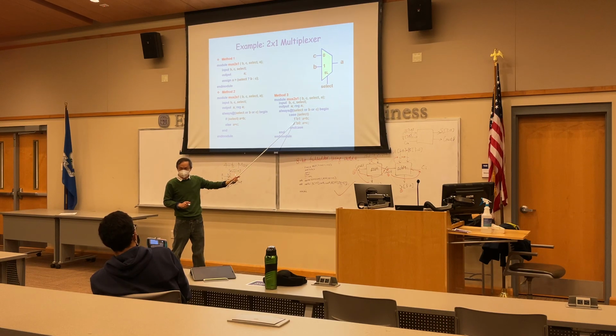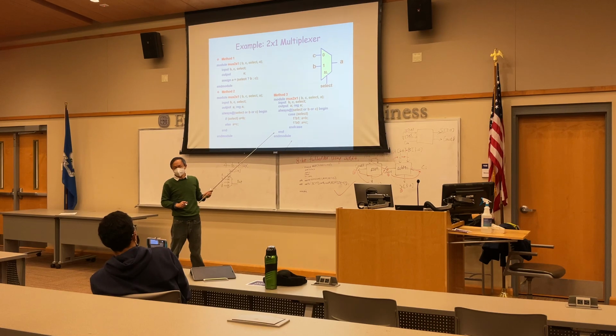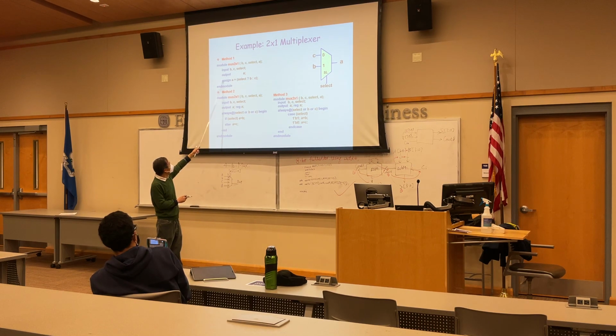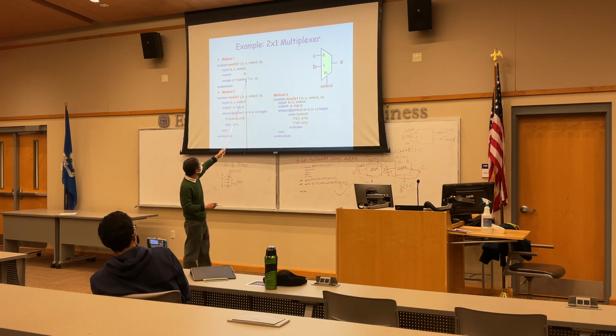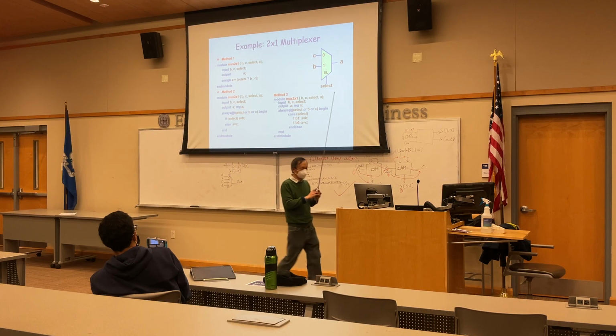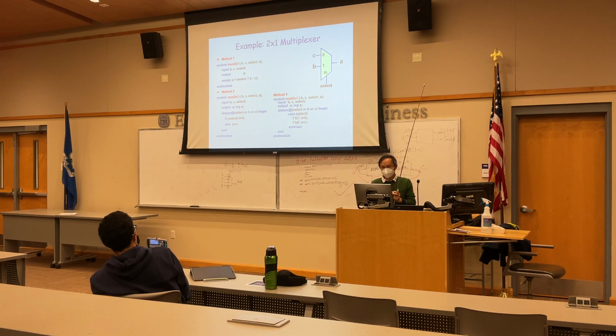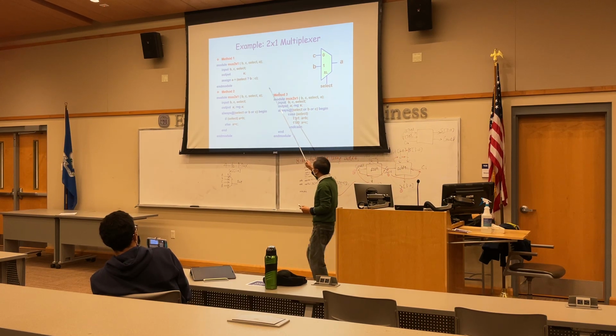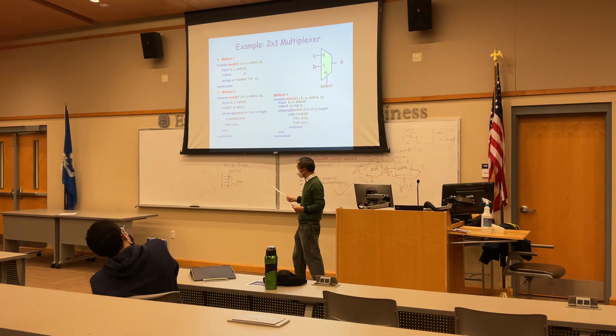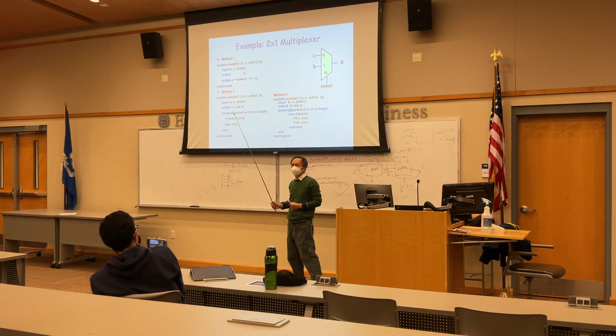But for this one, I think you need to use a combination of these two statements, where the condition is the if statement. So I challenge you: you will have 2 to 1 muxes, 1, 2, 3 choices. How do we build the 4 to 1 mux?